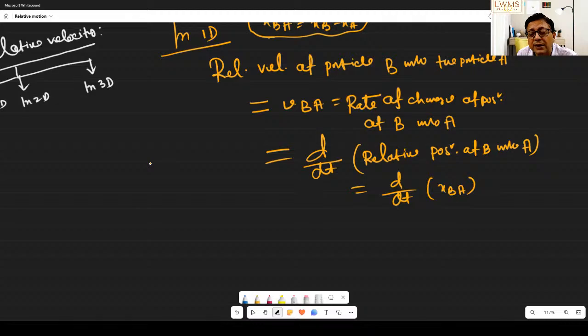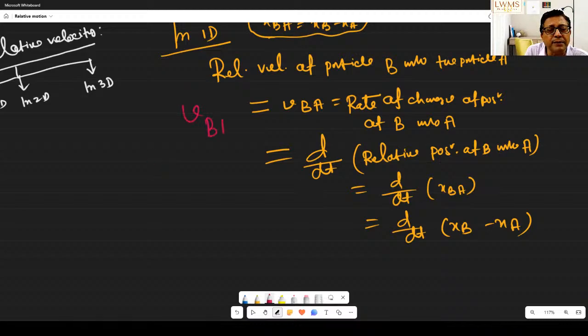This is d/dt of XB minus XA. And relative velocity of B with respect to A will be written by this symbol VBA.